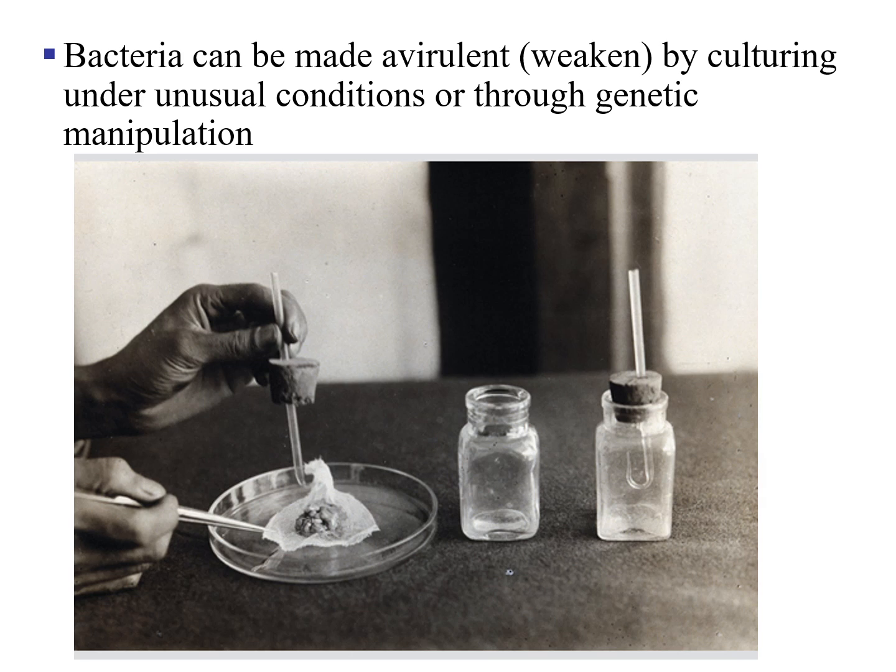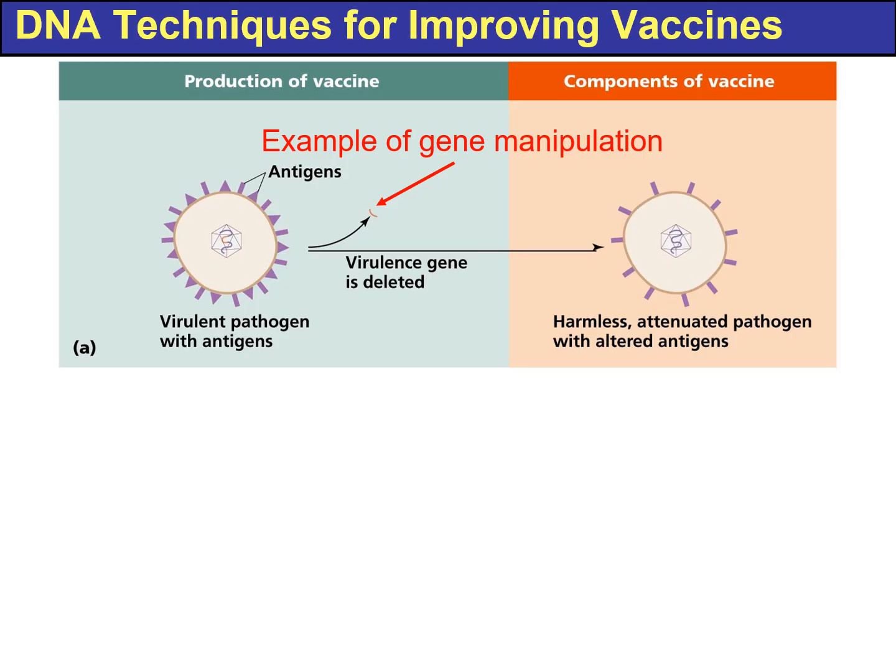Bacteria can be made avirulent by culturing under unusual conditions or through genetic manipulation. This image shows genetic manipulation. You can see where they take out the gene that causes virulence.